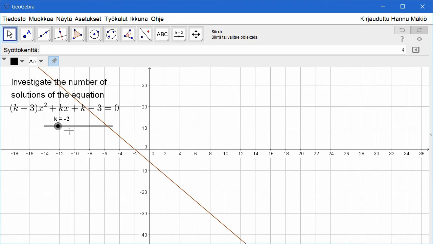So this is something we have to remember. If k is -3, there is only one solution. So what are the other points for only one solution?